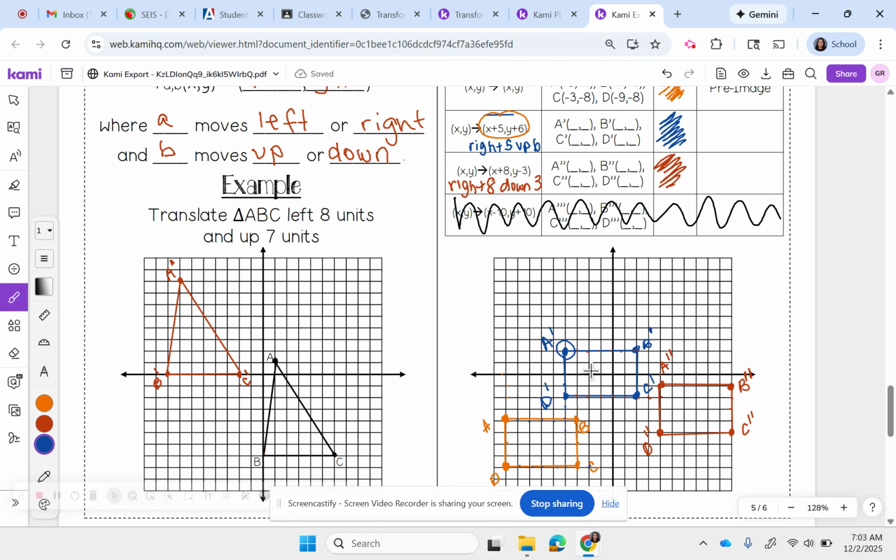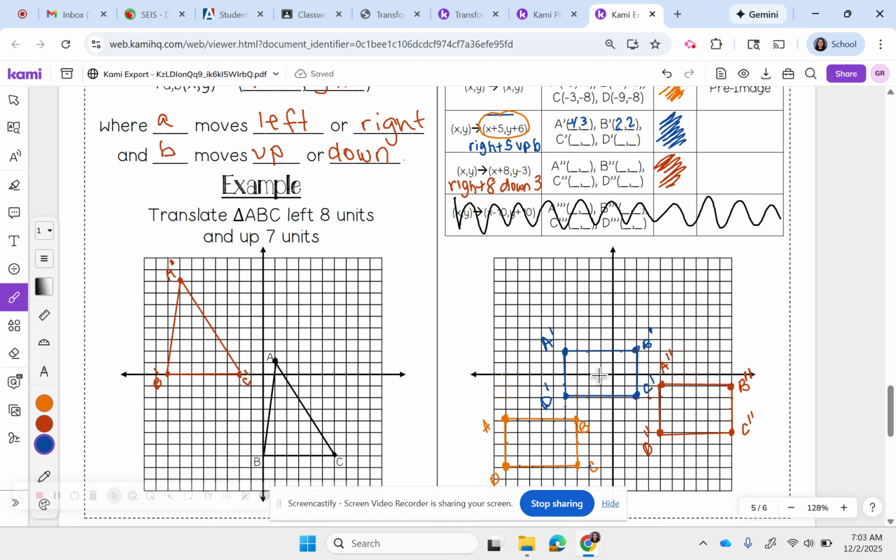I'm going 1, 2, 3, 4 left, so -4, and up 3. That's what we're going to put here, -4, 3. For B, I have 2 to the right, and then 2 up. So I have 2, 2.